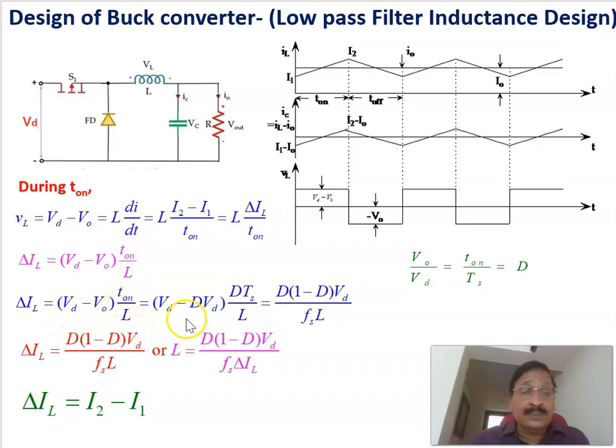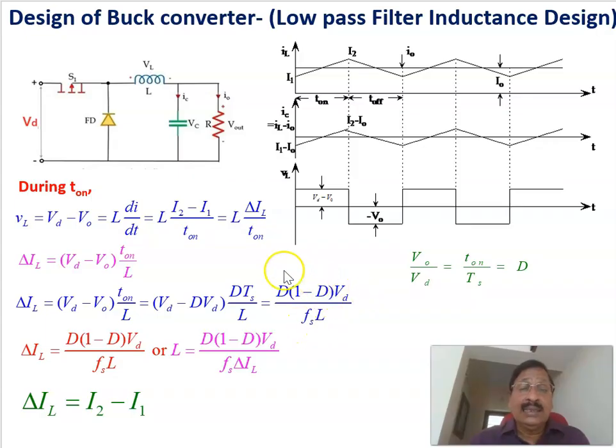Here Vd minus V0 we already derived as Vd minus D times Vd, and T on equals D times the total time period Ts, divided by L. Substituting this, Vd can be taken outside, so we get D times Vd times 1 minus D divided by Fs times L, since Ts can be written as 1 by Fs.